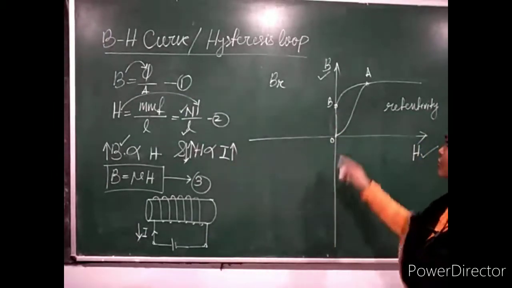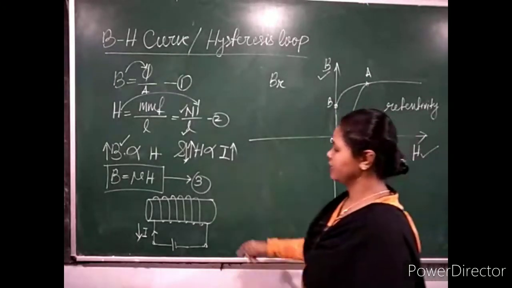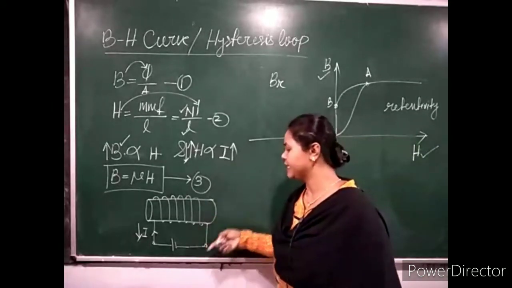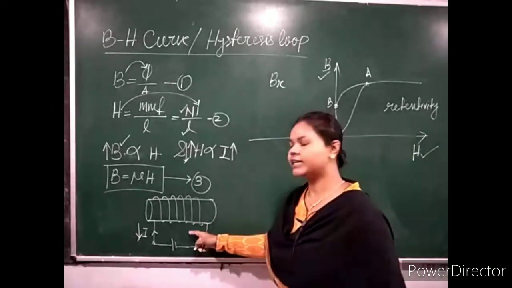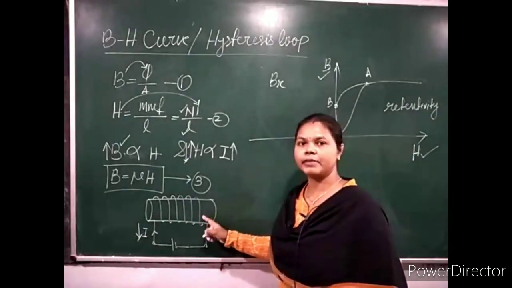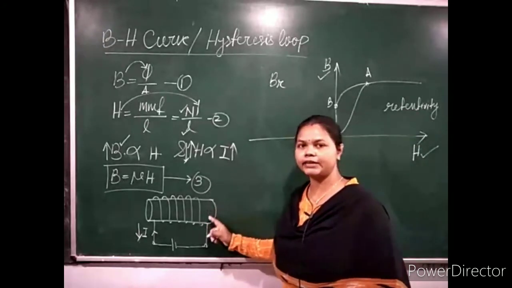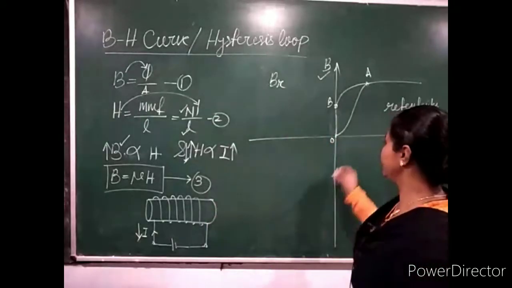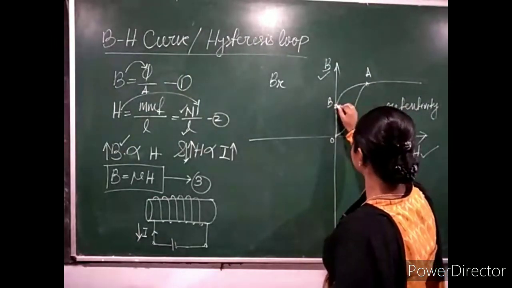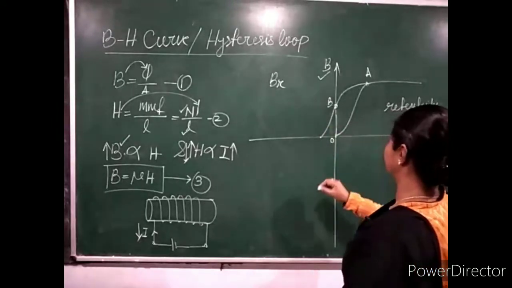So to minimize this loss, you again increase the current in the negative direction in this magnetic material. If you increase the current in the negative direction, then the curve you get is like this.